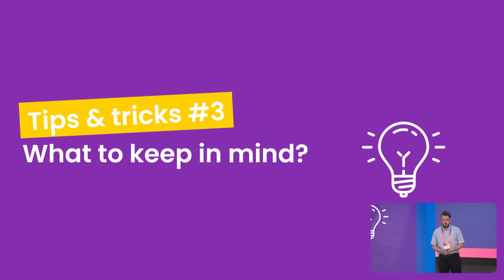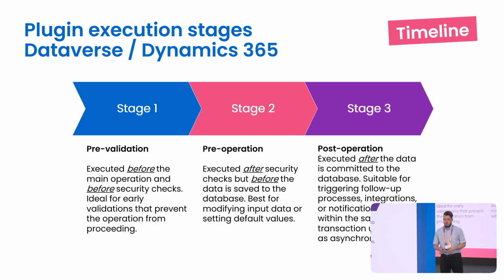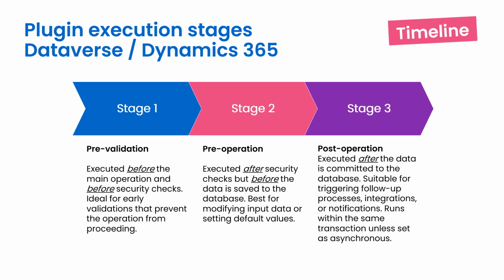And the last tip and trick is about what to keep in mind when creating the system design and the architecture. Right now, I will focus on the stages we have for plugins. For the plugins, we have 3 main stages.